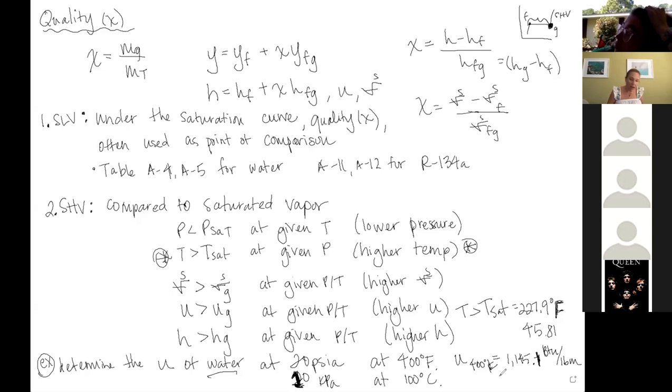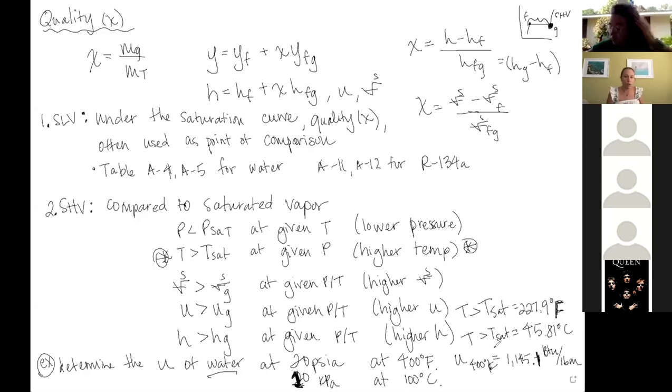All right, so if we have 10 kilopascal and 100 degrees Celsius, when we look up 10 kilopascal in our saturated liquid vapor table for water, we have our saturation temperature of 45.8 degrees Celsius. Our saturation temperature of 45 is lower than our temperature of 100 degrees Celsius, which means we are once again in a superheated vapor.